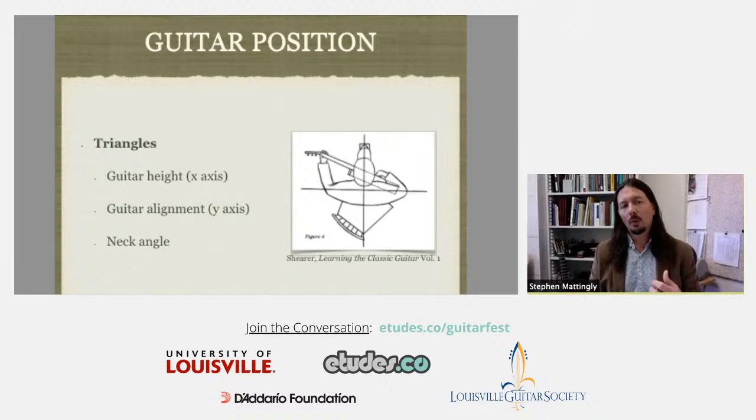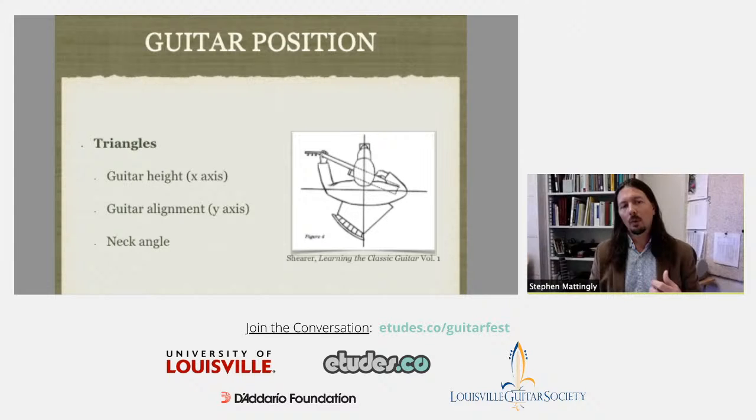Now we're going to talk a little bit about the hands and their optimal position in motion. One thing that you'll hear from Shearer again and again, these illustrations, of course, come from his Learning the Classic Guitar, is that there's a range of motion. Every joint has a particular range of motion. Owls can turn their head all the way around, but we can't do that with our wrists, elbows, or shoulders.